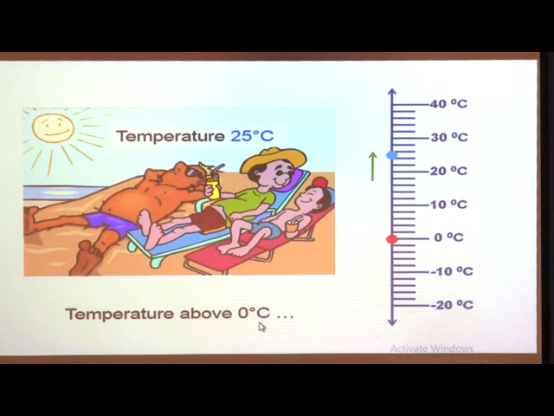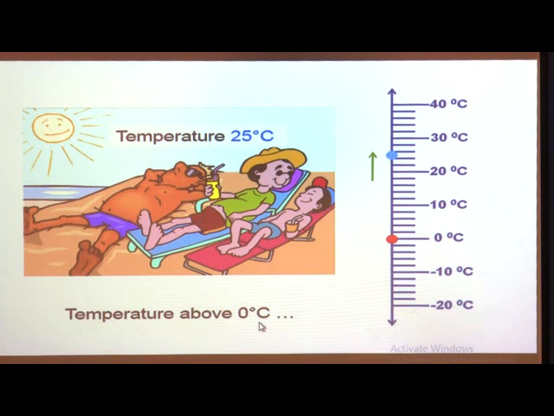Students, you know the temperature changes every day. It may be too hot in summer and too cold in winter. Different places have different temperatures, right? Now, can anyone of you tell me what the temperature is today in Solapur? Okay, maybe it is 28 degrees centigrade. Yes. If it is too hot, the temperature rises, and if it is too cold, the temperature decreases, right?